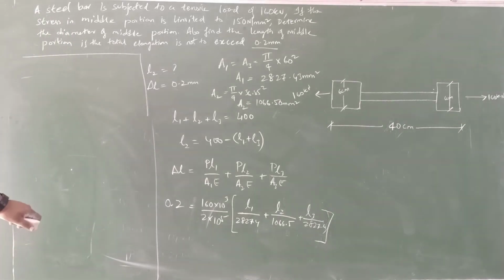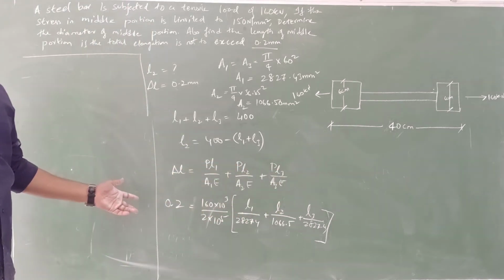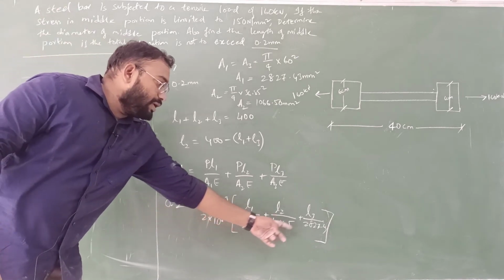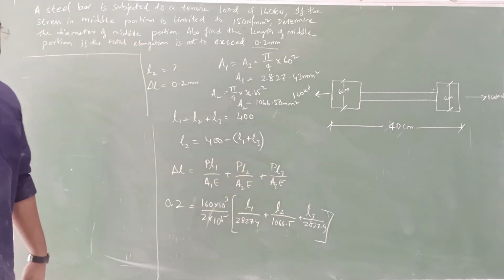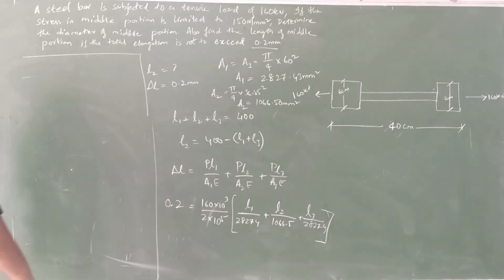See that all the units should be in Newton and millimeters. This is in Newton, this is Newton per millimeter square, all three areas are in millimeter square, and lengths are given in millimeters. So we'll try to simplify.